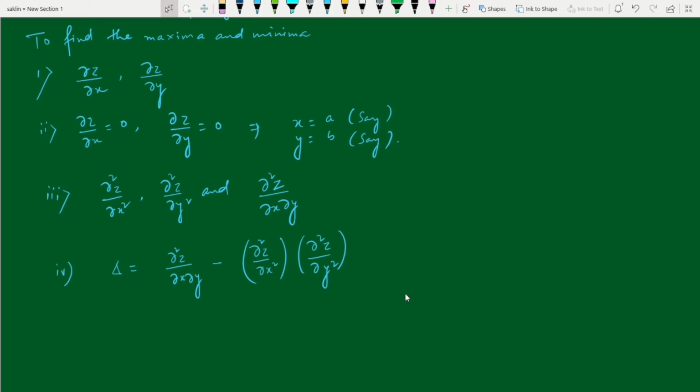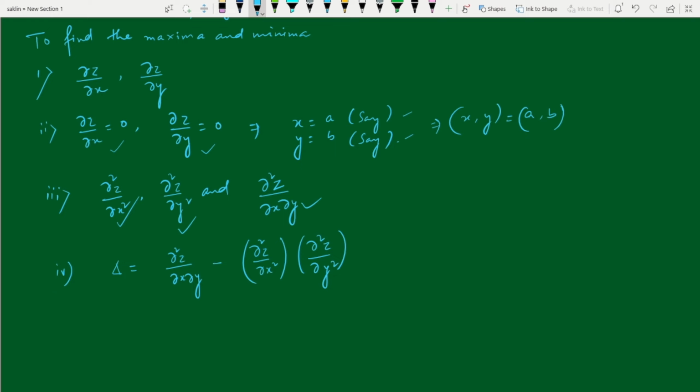Then we have to create these equations to get the points. That means points x comma y equals a comma b. And the third step is we have to find the double derivative of z with respect to x and y, and also x and y. We have to find these three things.